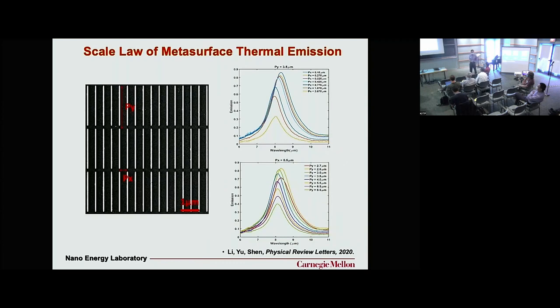The question now is how general is this scaling law? Suppose I have a periodic structure of square, rectangle, disk, circle, whatever. Basically, I believe it's very general because when we developed the theory, we only considered the structure to be periodic.